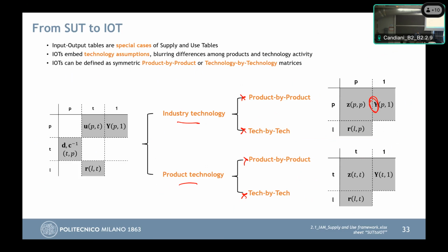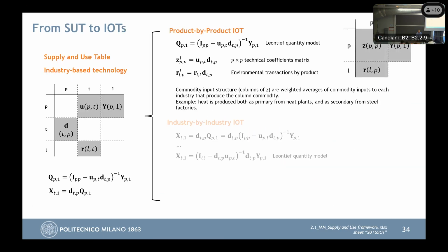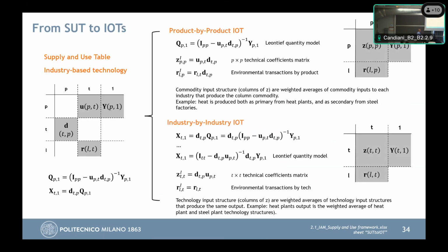Otherwise, if we are relying on a technology by technology table, we have to remember that the final demand is the average output of a sector that may be very different from the product. So this is not an easy topic, I know. Indeed, I'm not asking you for the equations for doing the transformations, etc. I put them here just for curiosity.